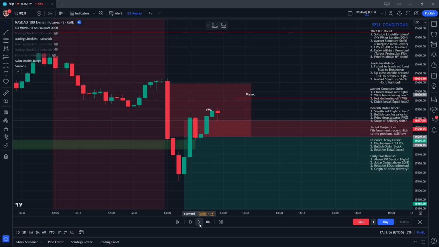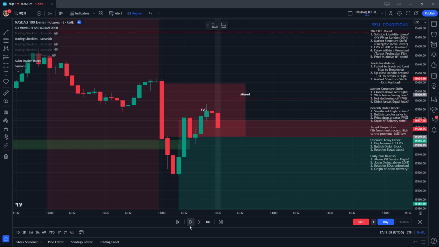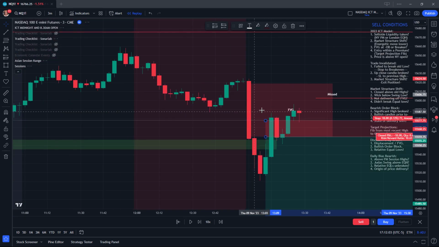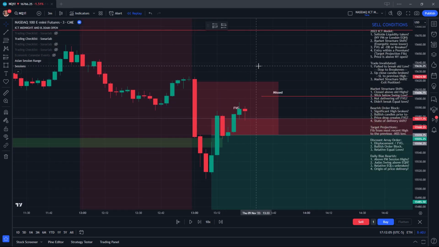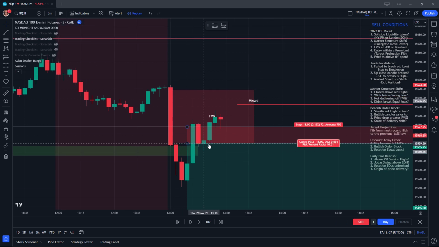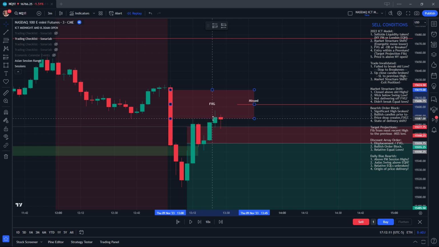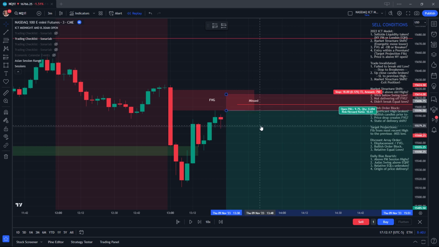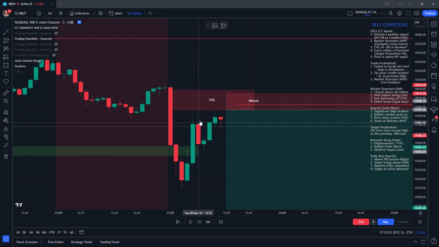So what I actually decided to do was wait until the actual PM session, and then since price had already traded into the fair value gap, I decided to reduce it to there, and say at least this way, if we enter here, we've already given price a chance to trade back into here, and that shortens it.